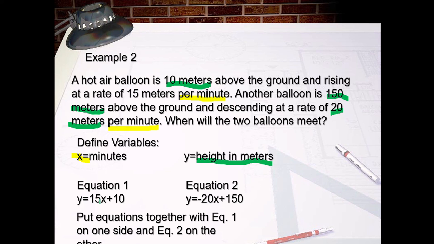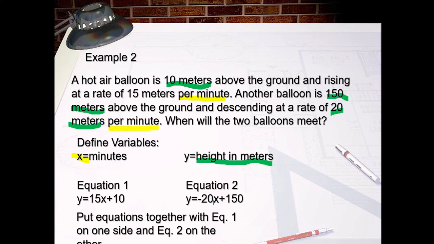So 15 meters per minute, plus 10, is the first equation, and the other one is descending. Descending means it's minus 20x, and it says it's 150 meters above the ground.